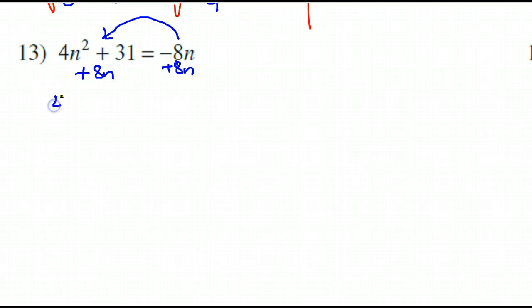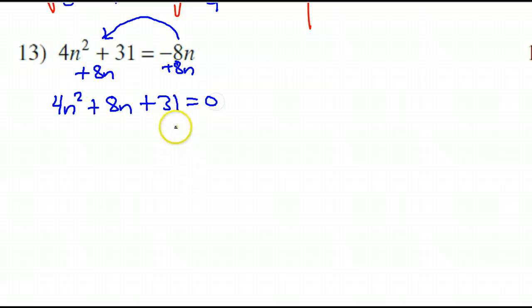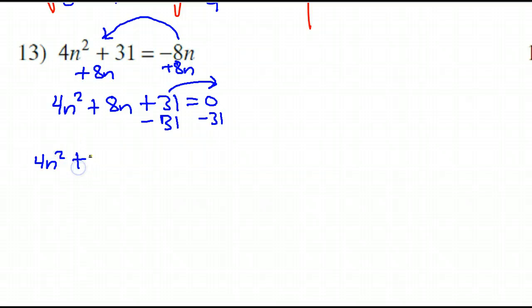So this is going to be 4n squared plus 8n plus 31 equals 0. All right, but let's move the 31 out of there by subtracting. So that's going to give us 4n squared plus 8n, leave a space, is equal to negative 31.